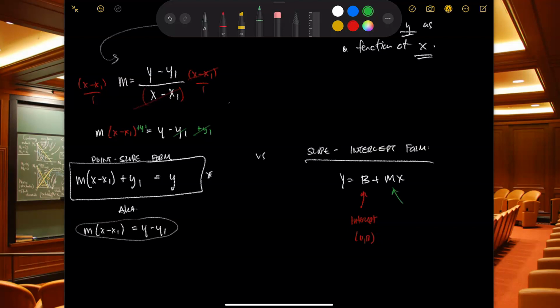And here's the slope, m, constant rate of change. So over here we have the slope. And we don't have the intercept. What do we have? We have a point, any point. And that point is given by x1, y1.